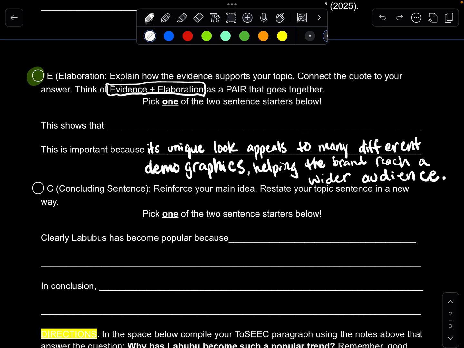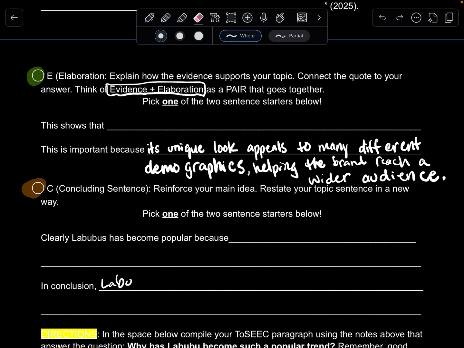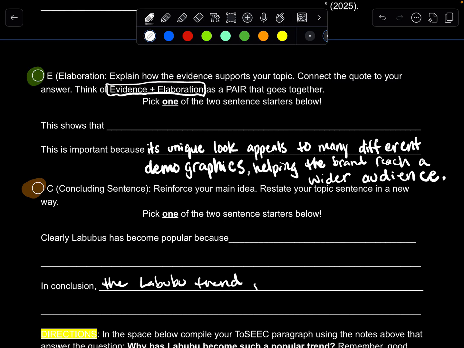And then finally, our concluding statement, which, remember, use your colored pencil, color that orange. Reinforce your main idea, restate your topic sentence in a new way. So, clearly Labubus have become popular because, or in conclusion, and then finish the sentence. So for me, I'm going to say, in conclusion, the Labubu trend is a perfect storm.